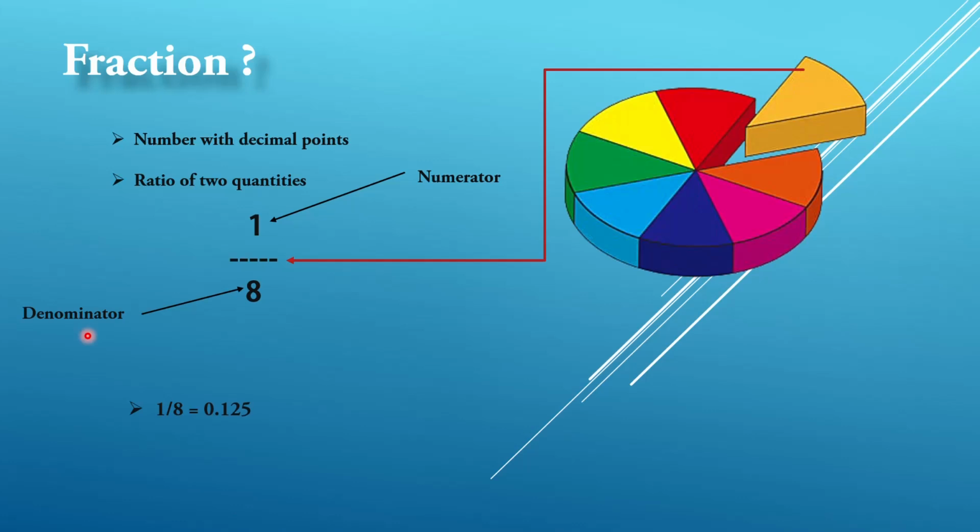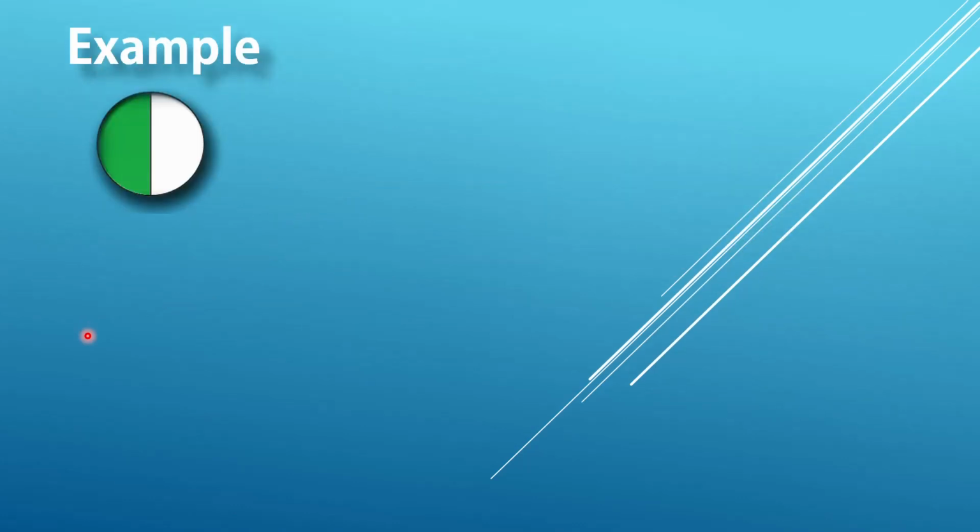Let's take an example of how we can denote this fraction. Here we have only two parts, and I have taken this green part. How much pizza do I have?